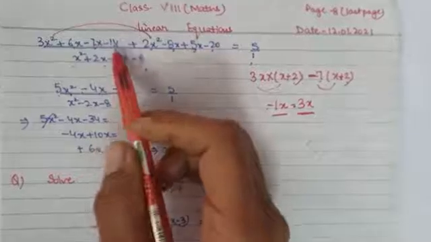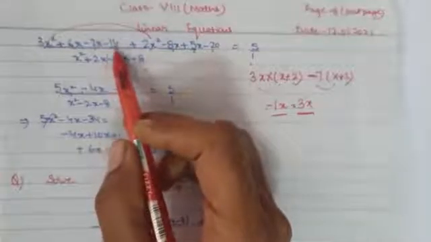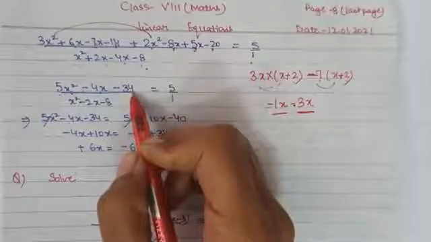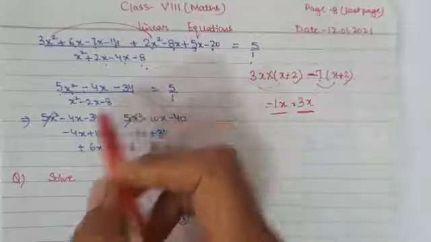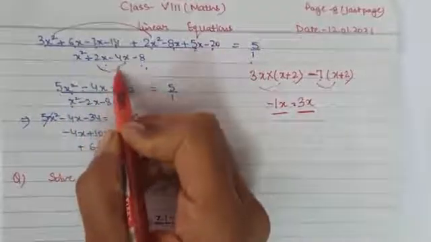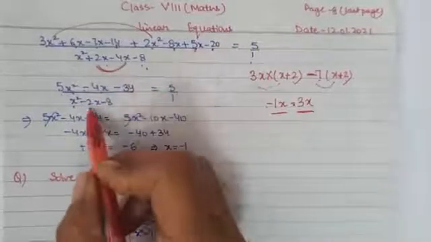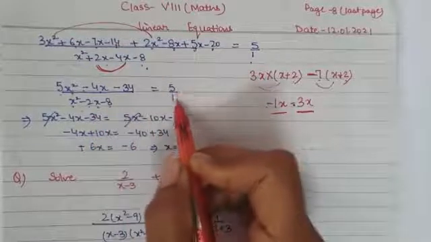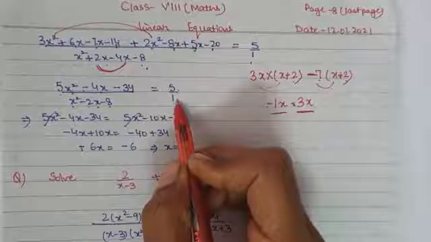Now the constant terms: minus 14 minus 20 will give you minus 34. Now upon x square, these two are like terms, minus 2x will give minus 8 is equals to 5 upon 1.